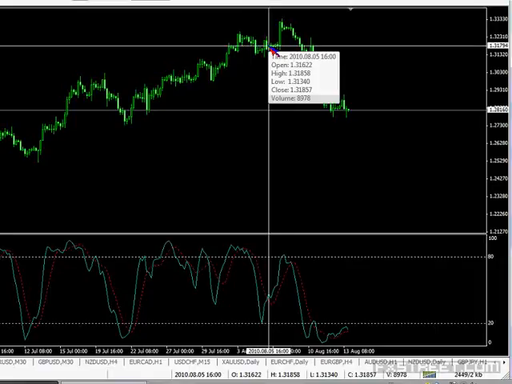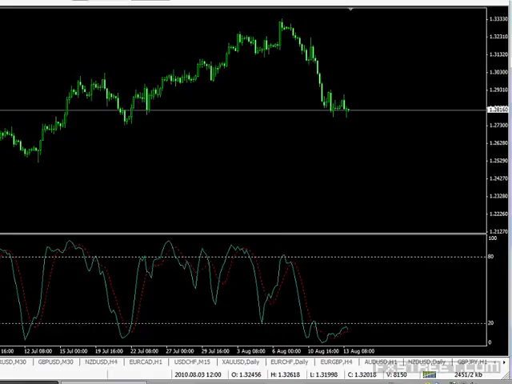And see what happened, what I was telling you about using it in a trendy market, sorry. I was seeing this fake signal because we have a clear trend. That's why I don't like to use the stochastic oscillator when we have a trend.